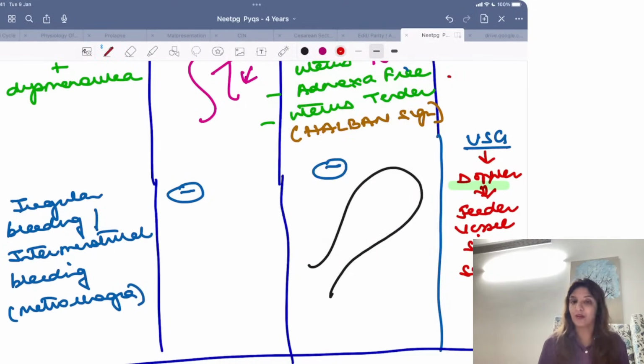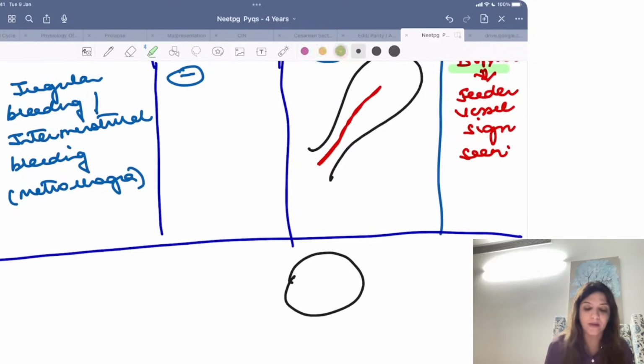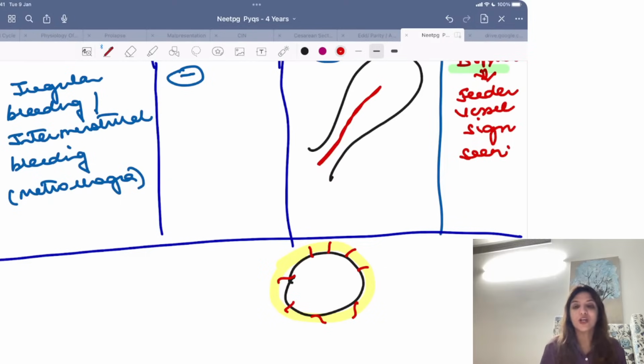Just now I'll show you the image. You will see a blood vessel coming up till the center of the polyp, which is called feeder vessel sign. Whereas in case of fibroid, a fibroid is surrounded by a pseudocapsule, and all the blood vessels which supply the fibroid are present in this pseudocapsule, right?